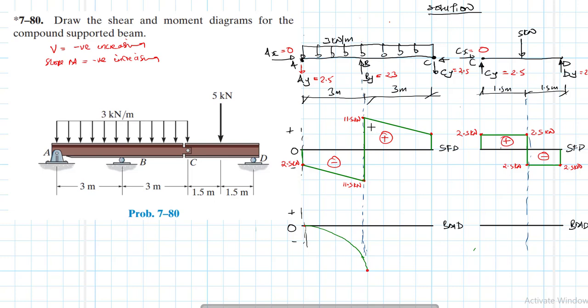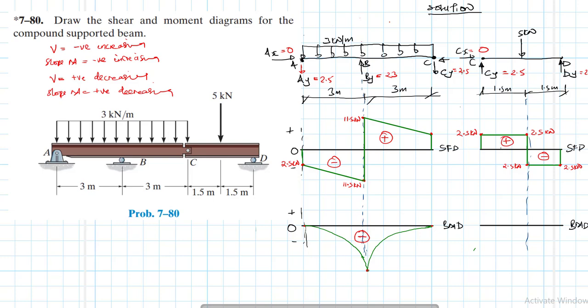And then from B to C, we have shear that is positive and decreasing, right? Therefore, the slope for moment is going to be positive, but also decreasing. So we know the shape already, right? So we expect a replica, something like this. All right. So this is a negative moment.